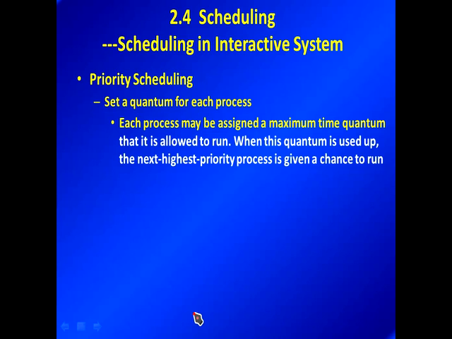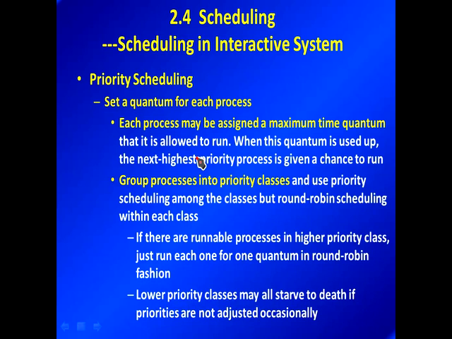So first, let's dive into the first way. We can set a quantum for each process, and so even though some processes have higher priority, they're going to use up their quantum finally, and then the processes with lower priority will get the chance to get into the CPU to run for a while.